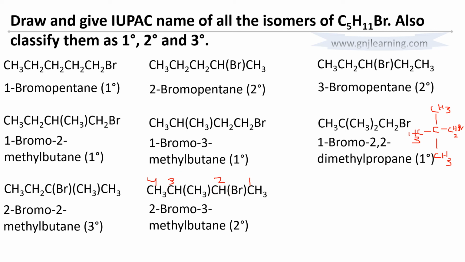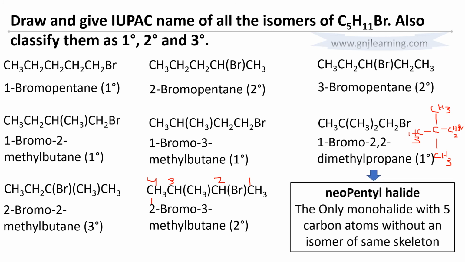On the other hand, counting from this side, again the sum is 2 plus 3, which is 5. So in both cases we have 5. Which one will I choose? The one with the lowest alphabet, that is bromine, will get the lowest number. So 2-bromo-3-methylbutane, and the carbon attached to the bromine is a secondary carbon.